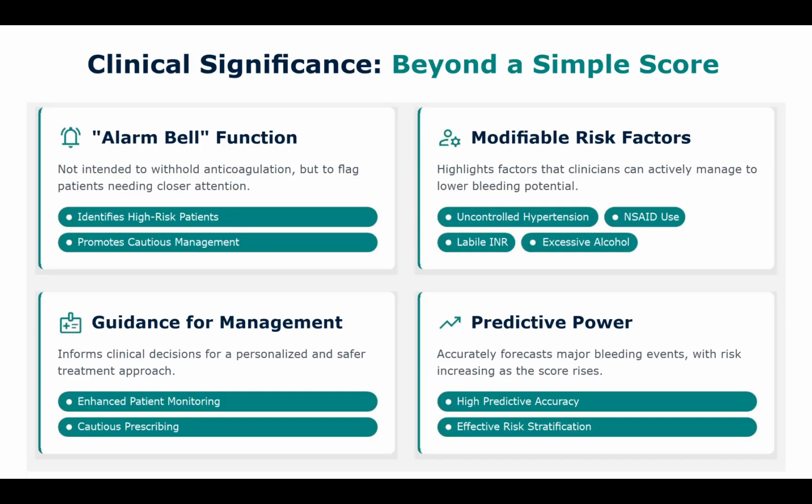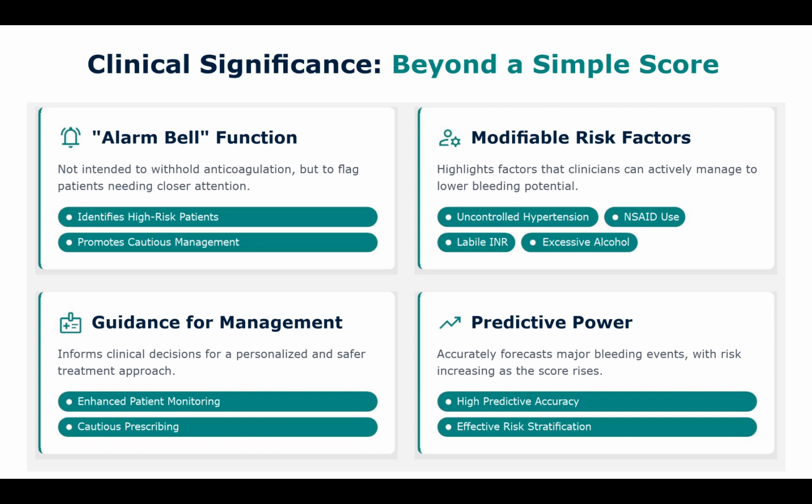The clinical significance of the HAS-BLED score extends far beyond just assigning a number. It functions as an alarm bell, not primarily to withhold anticoagulation, but to identify patients who are at higher risk of bleeding. Crucially, it highlights modifiable risk factors. For example, identifying uncontrolled hypertension means we can intervene to lower blood pressure, thereby reducing the patient's bleeding risk and score.